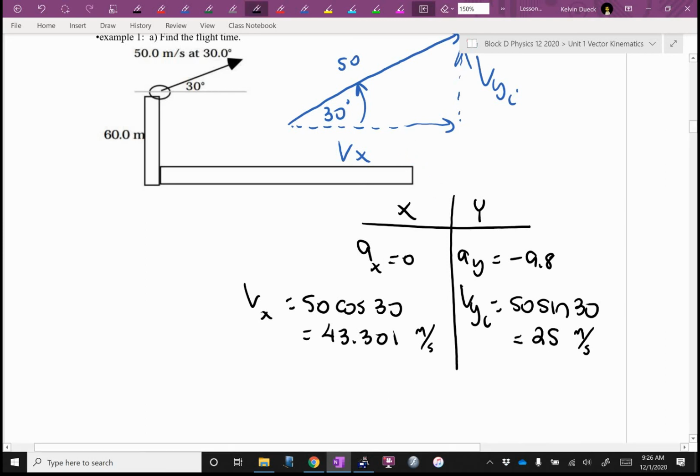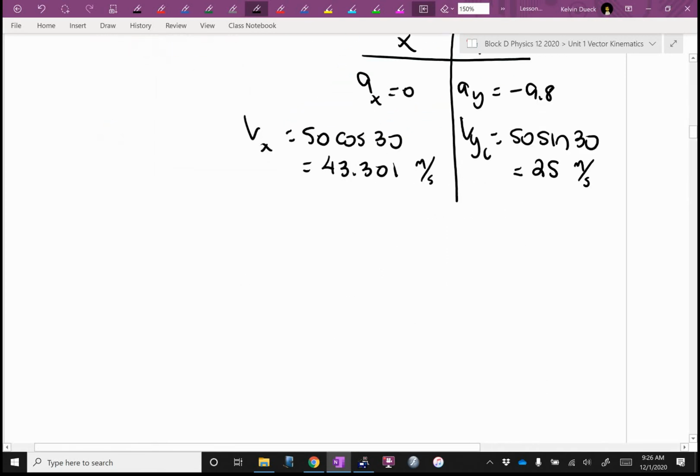There's a number on the picture we haven't used yet. Can you just read me the number? That's 60 meters. So it's a displacement. Is that a vertical or a horizontal displacement? Vertical. So it's going to be a dy, and it's not going to be 60. Negative 60, because I'm ending up below from where I started.